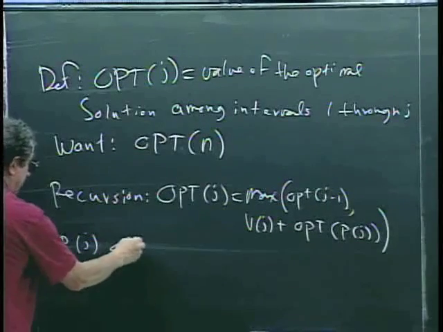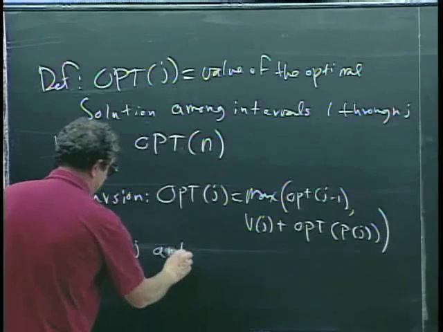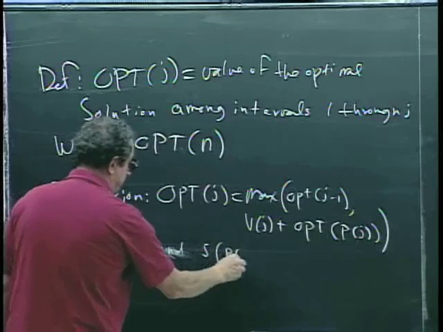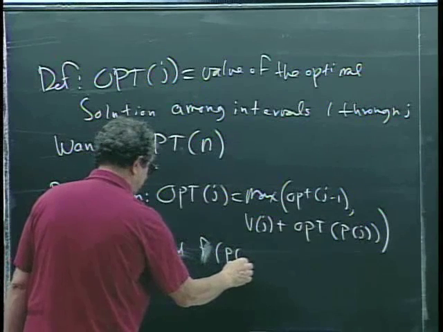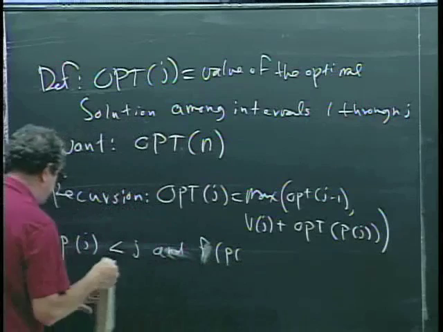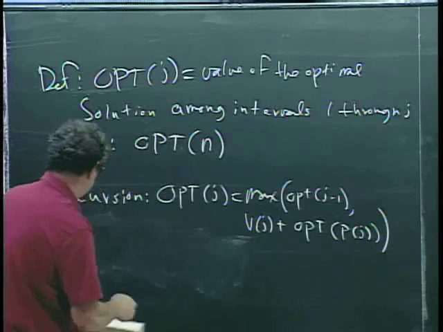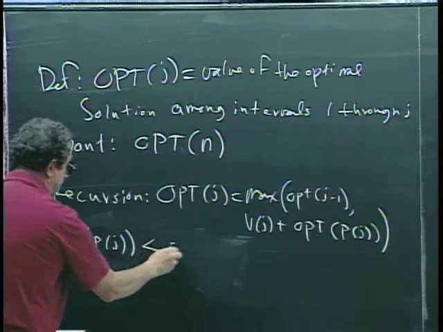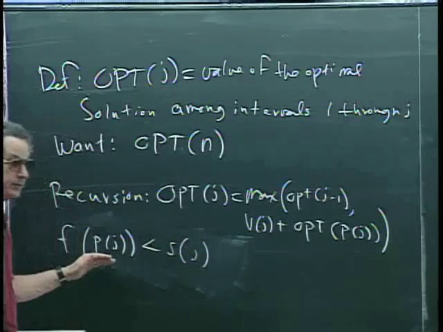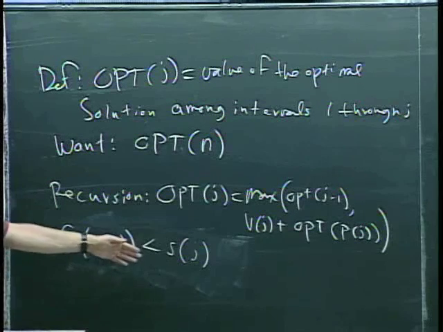It has to be less than j, and the finish time of p j is less than the start time of j. So that says it's before j, but it doesn't overlap it. The finish time is to the left.